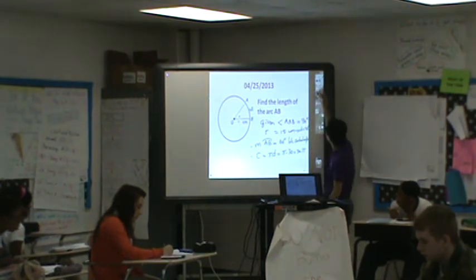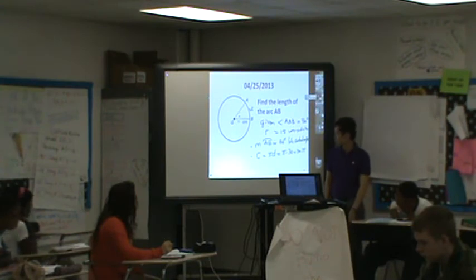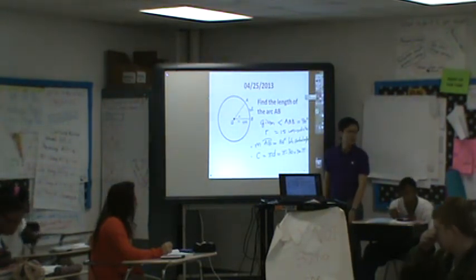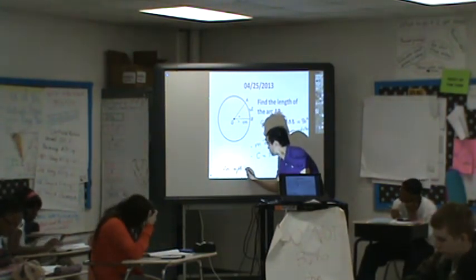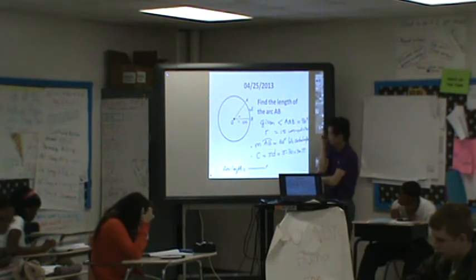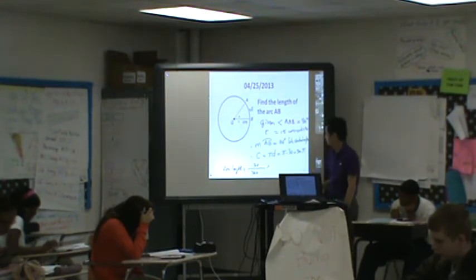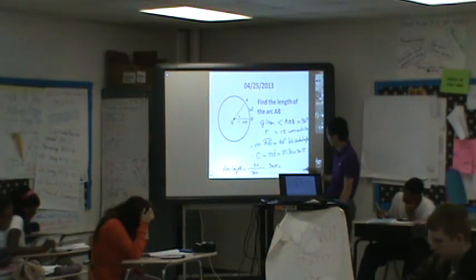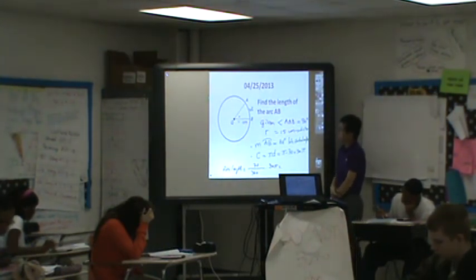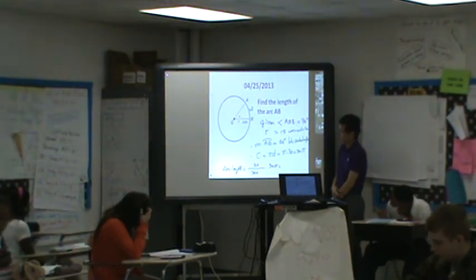All right, next part: to find the arc length, you have to find the ratio. The ratio is 30 over 360, multiplied by 30 pi. 30 is our part, that's what we're looking for, arc AB. And the whole thing is 360, every circle has 360.